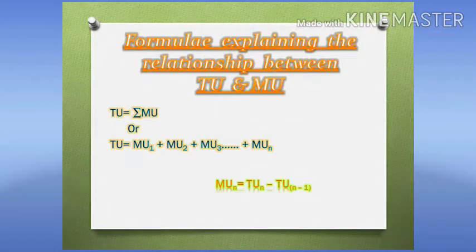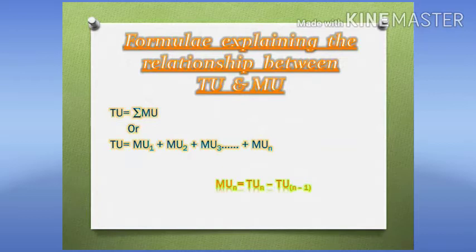Formulae explaining the relationship between total utility and marginal utility. How to calculate total utility? TU is equal to sigma MU. Sigma means sum of.